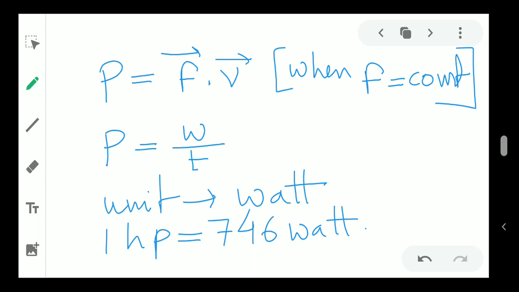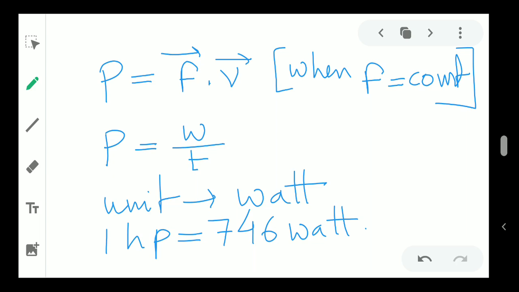When we have mechanical work done, like your engine transferring its combustion energy into kinetic energy which is driving your car, in that case we use horsepower.